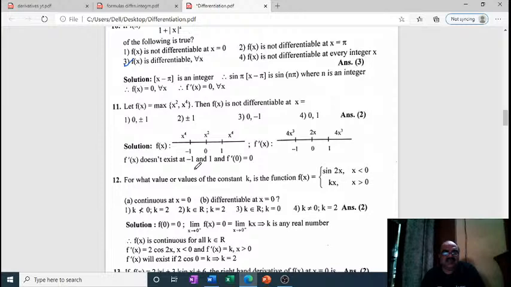So f dash of x, if f of x is lying between -1 and 1, f dash of x does not exist at -1 and 1. And f dash of 0 is equal to 0. So what is the right option here? They are not differentiable at x equals plus or minus 1, and between -1 and +1.